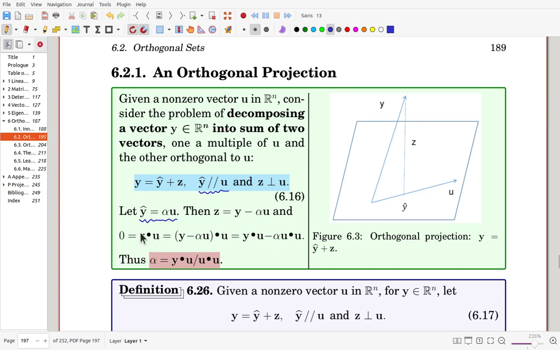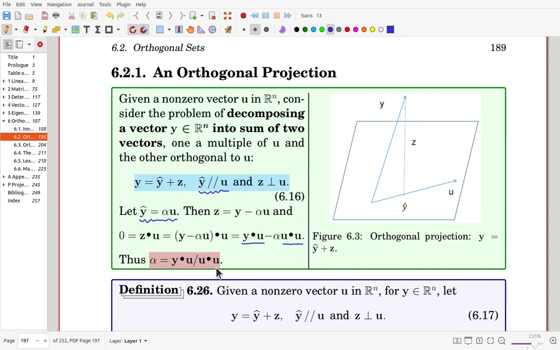If we make a dot product, then that must be 0. Z dot u, z is already y minus alpha u, and we expand, then this is a known quantity, and u is non-zero, so that this one is non-zero, and so that alpha equals 0 is determined. So we can decide alpha quite easily in this way.